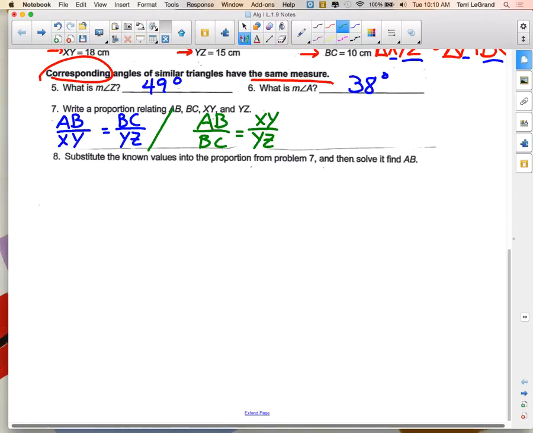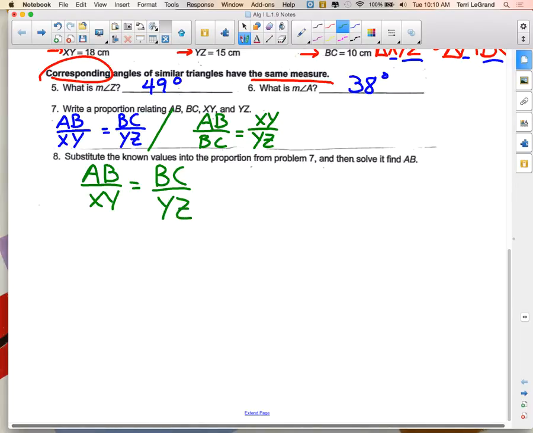Instead of above and below, they are across from each other this time. Let's use this one. Okay, so AB over XY equals BC over YZ.